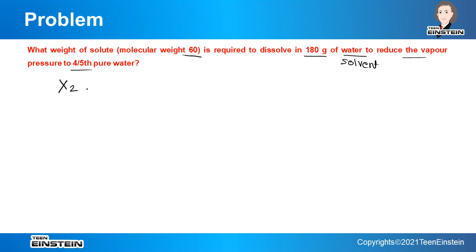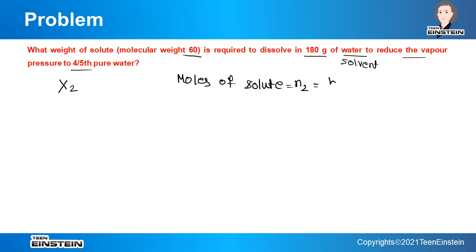We know to find x2 we have to find out small n and capital N, or you can consider n1 and n2. So suppose the moles of solute is n2, that will be equal to the weight, which we actually do not know.